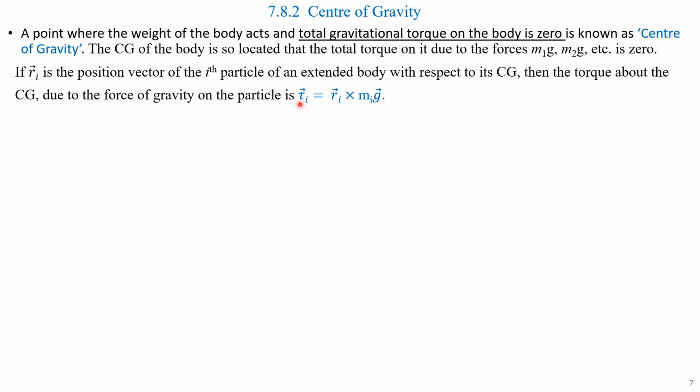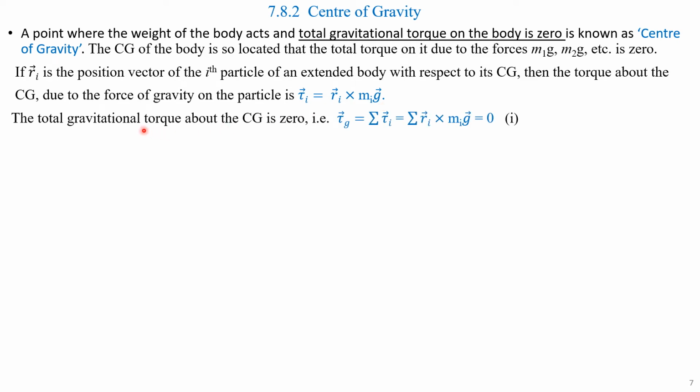Here tau i is the torque due to the ith particle, Ri is the position vector, mi is the mass of the ith particle, and vector g is the gravitational acceleration.